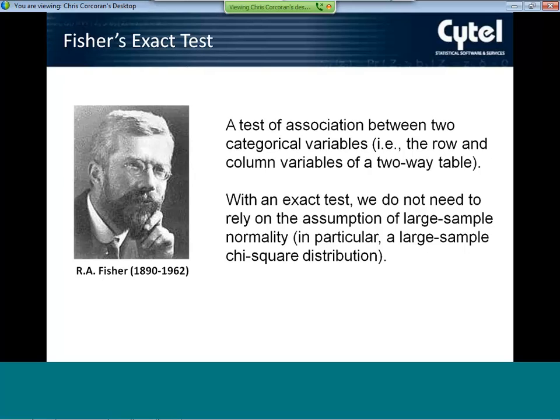But Fisher's exact test is a test that's commonly used in data analysis that does not rely upon any large sample approximations like a chi-square or any kind of normal approximation. And it's very useful in cases where the table is very sparse or the overall sample size is small.